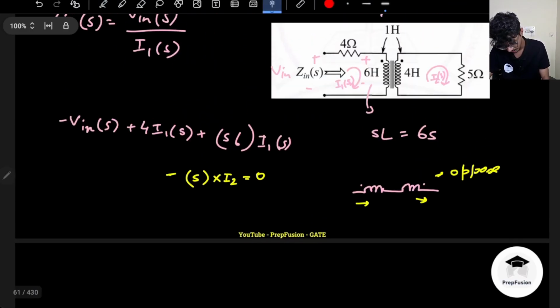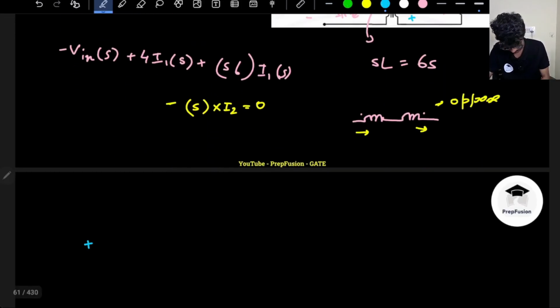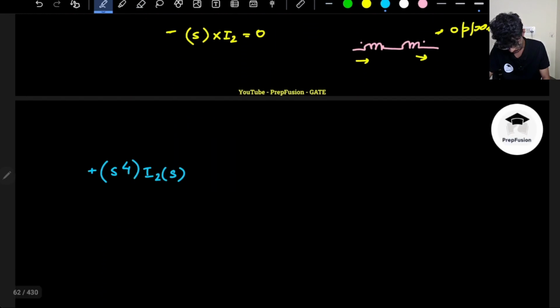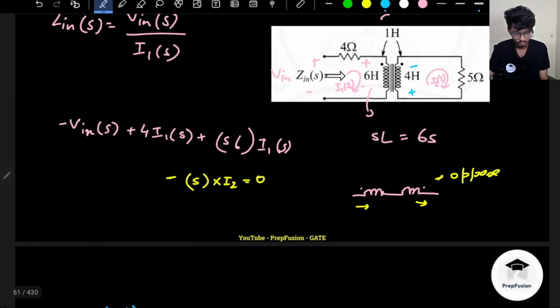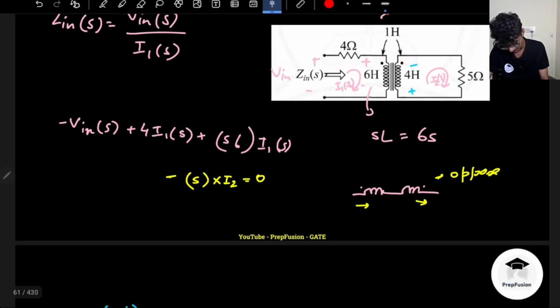So in loop 2, again the drop will be plus minus S into 4S into I2 of S. Again, both mutual voltages will oppose each other. So if this is plus, then the other one will simply be minus.